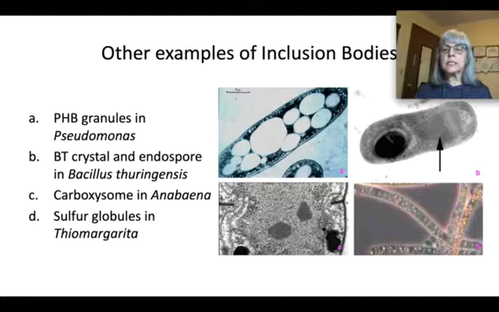And again, this is sulfur, and these are accumulated and stored in the bacteria because these bacteria use sulfur as their food. They're found at the bottom of oceans where there aren't a lot of nutrients down there. So sulfur is usually available, and these bacteria can grow there.